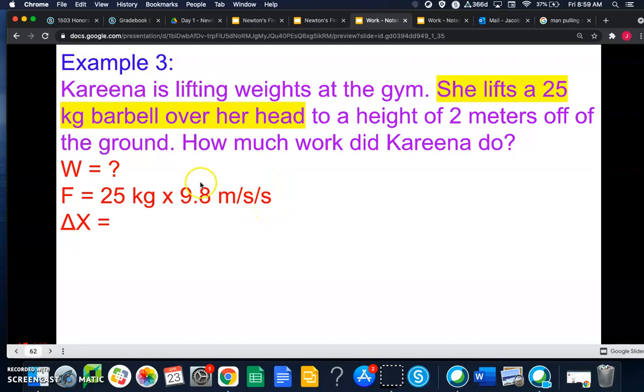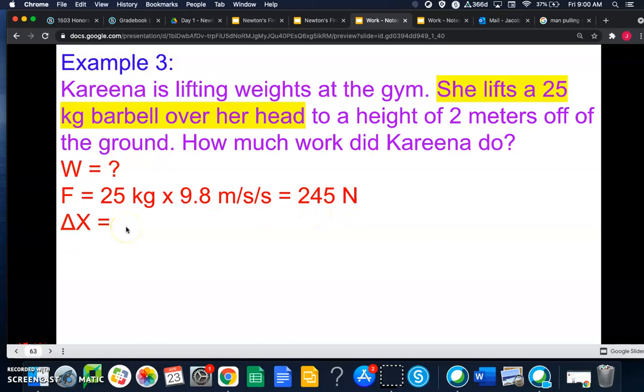Now, why are we multiplying it times that value? Because that is the acceleration due to gravity. She's lifting it upwards. Whenever you're lifting something upwards, you're fighting against gravity to lift it up. So the force will be determined by the mass times the acceleration due to gravity, which is 9.8. So we should get 245 newtons.